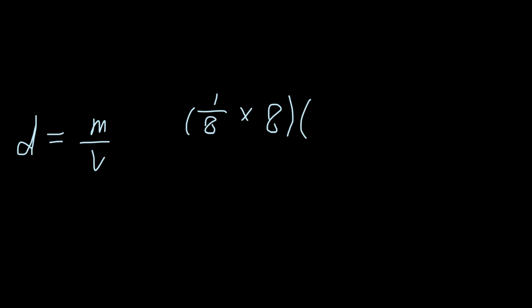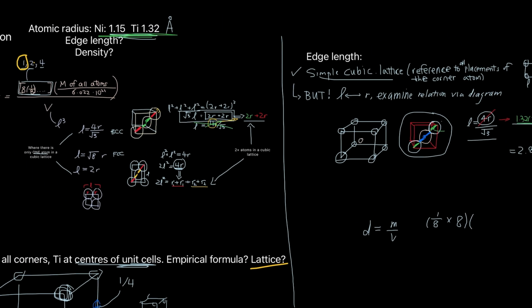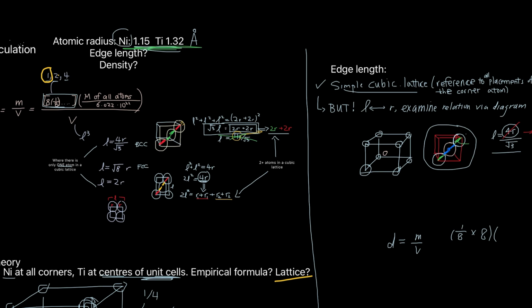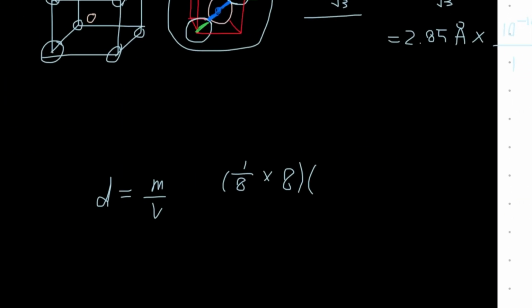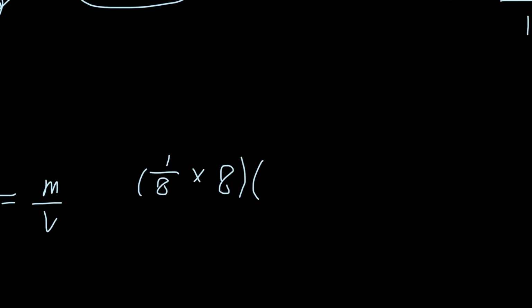And then we're going to get the mass of Ni and Ti. They're a 1-to-1 ratio. So that's going to get us the mass, and then divide it by Avogadro's number. So we're going to get 1.77 times 10 to the negative 22 grams per atom.